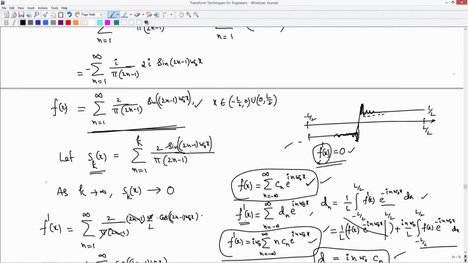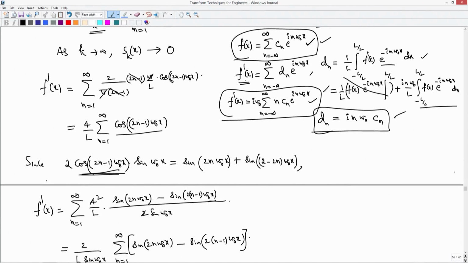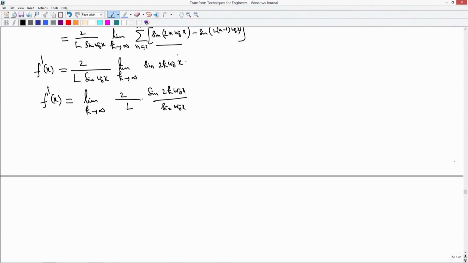F dash of x is actually your Fourier series, and the limit of the partial sums is actually your f dash of x. So that is exact.